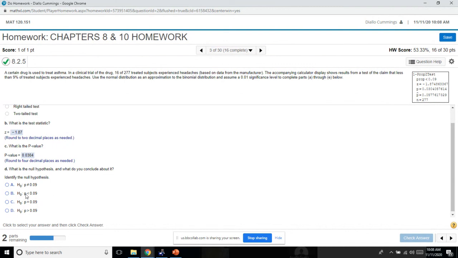And now we're asked to determine the null hypothesis. Remember that the null hypothesis is equal to, so our claim value is 0.09.